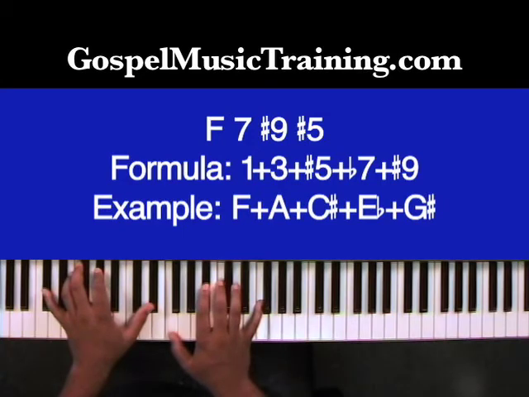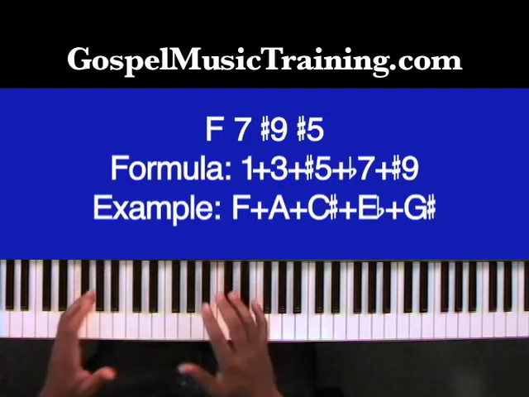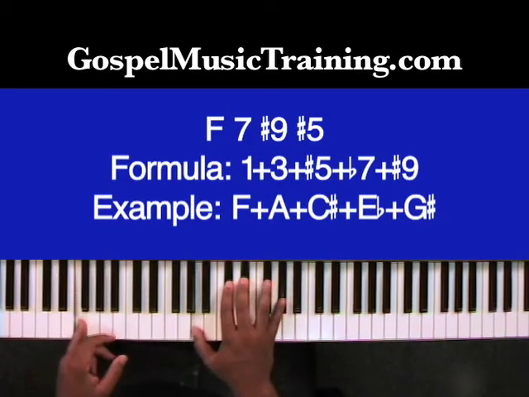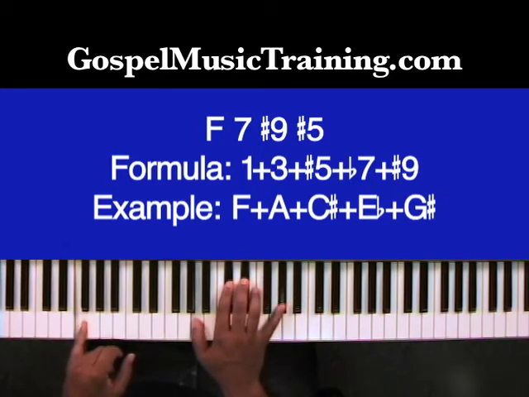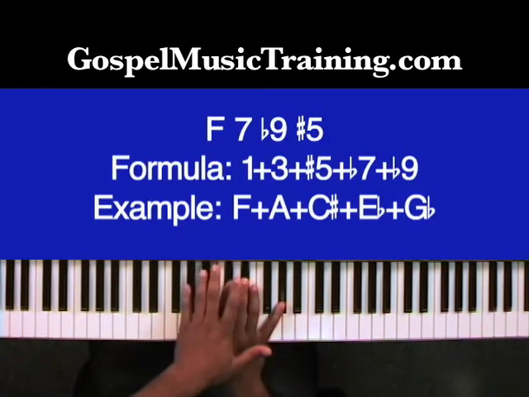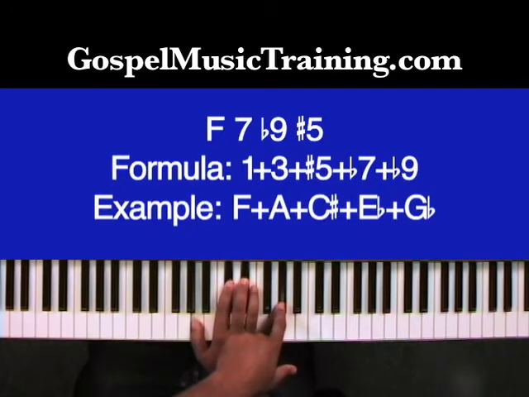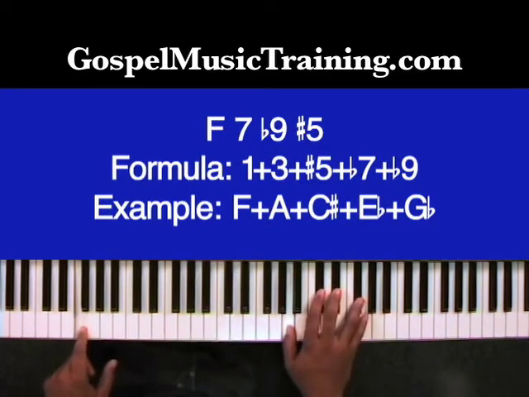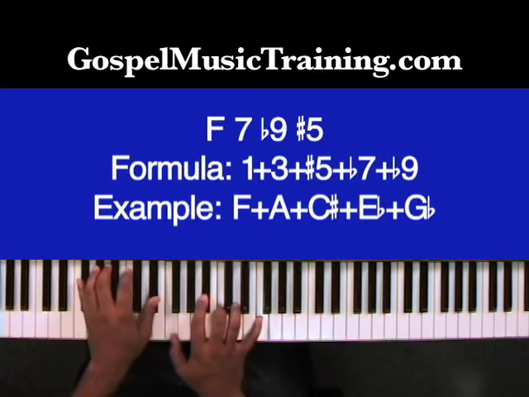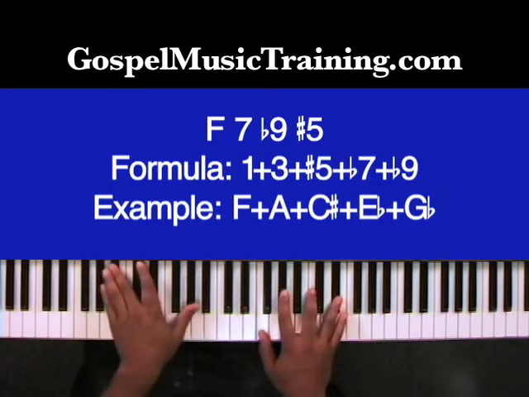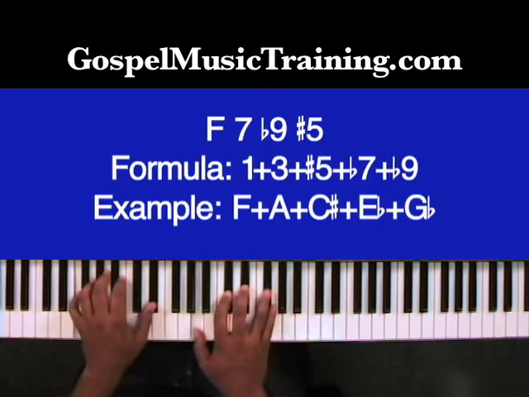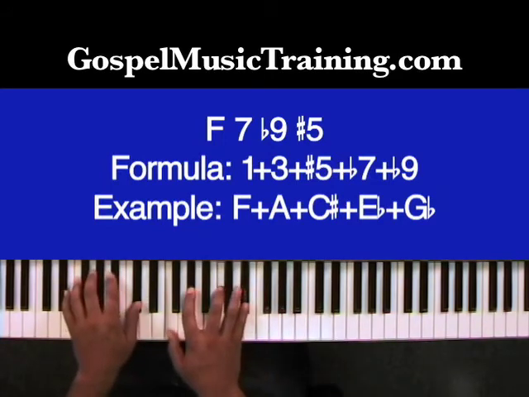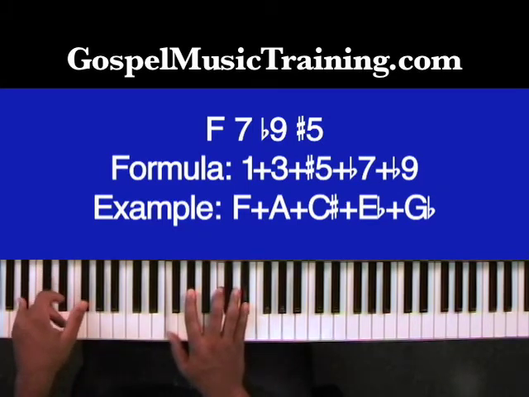All right, so it's a very nice passing chord, and just take the same concept for the flat 9. We have the sharp 9, sharp 5. Everything else will be the same, but it's going to be a flat 9. So all you would do is flat the 9. Same concept. All right, very nice passing chord.